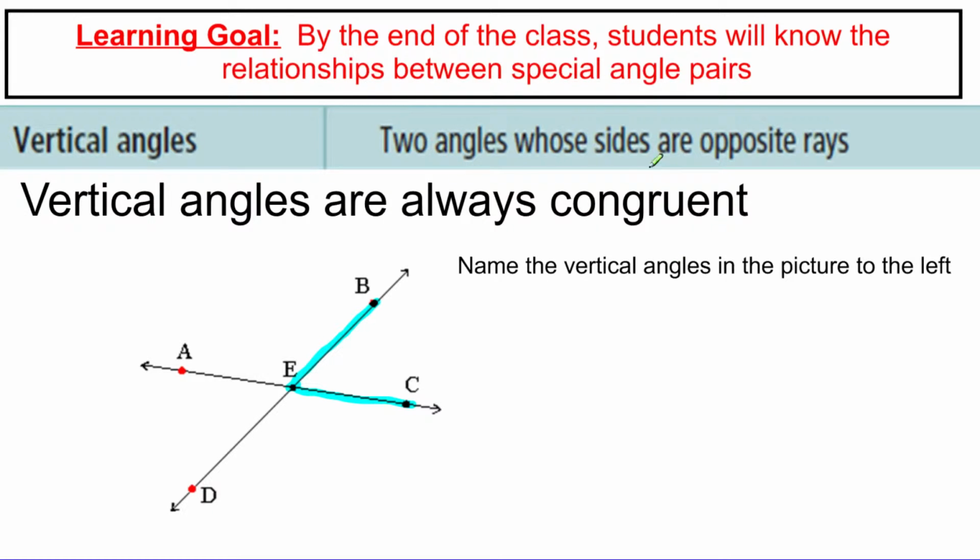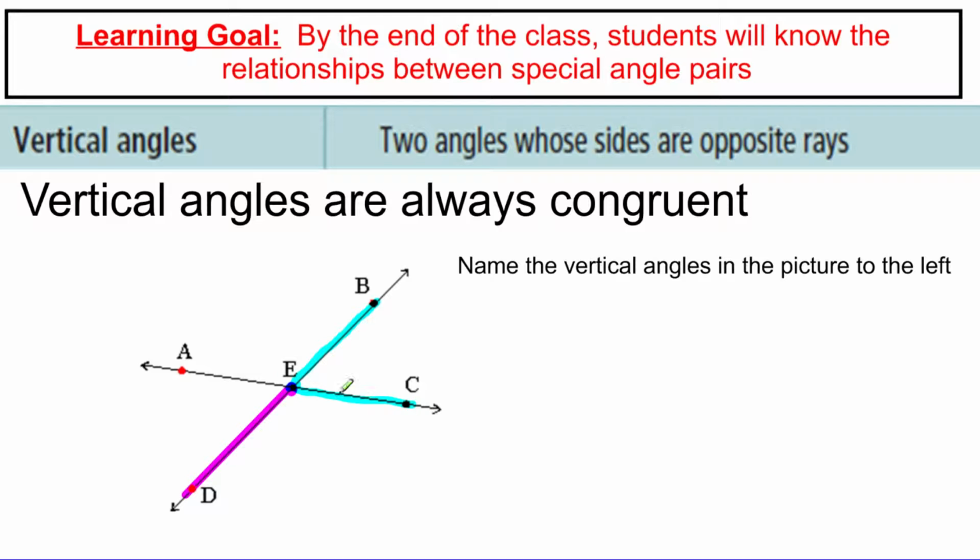Here's what this whole sides are opposite rays means. Remember, opposite rays travel basically in a straight line away from each other, but they are connected at a point. If I start here at E, and I want to know if there's an opposite ray with EB, I'm just going to travel away from it in a straight line, and I go down from E to D. I could do the same thing with EC and ask where its opposite ray is.